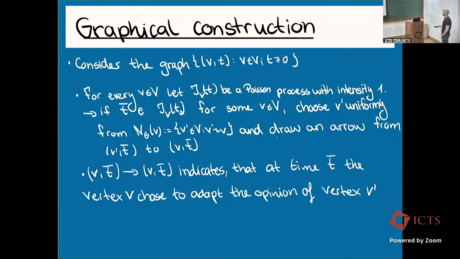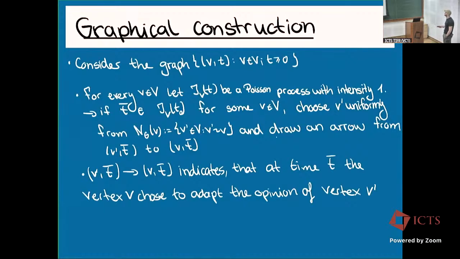And then if there is some time point for some vertex in that Poisson process, you choose uniformly one of the other vertices in the neighborhood of that vertex, and you draw an arrow from (v', t̄) to (v, t̄) to indicate that at time t̄, the vertex v chose to adopt the opinion of v'.